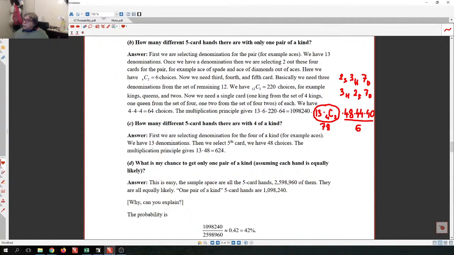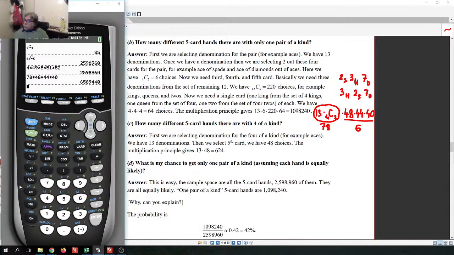Okay, so now I know this is 6 times too big. So if I divide with 6, I have my answer. Okay, now 1,098,240 different ways.